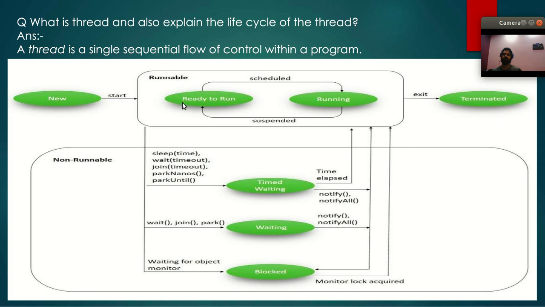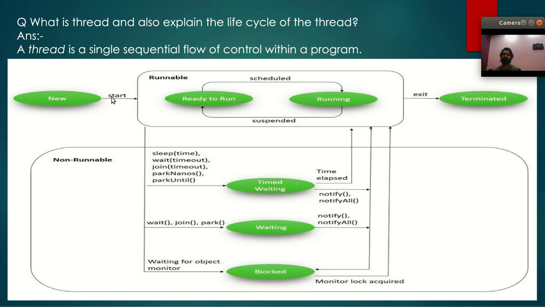But if we start a thread, it is not that it will call the run method, meaning it will not be in a running state, it will be in a ready to run state only. After the ready to run state, it will move to the running state only when the CPU allows that particular thread to go to the running state.